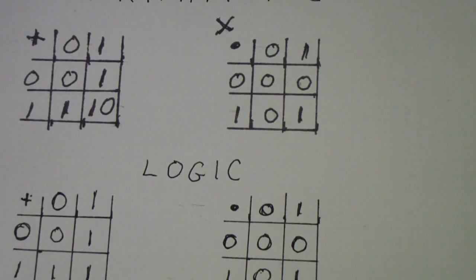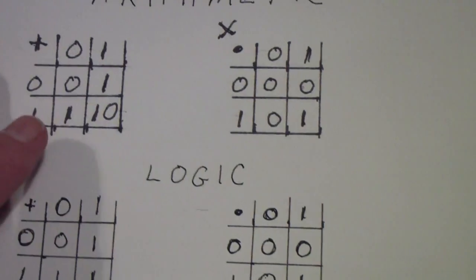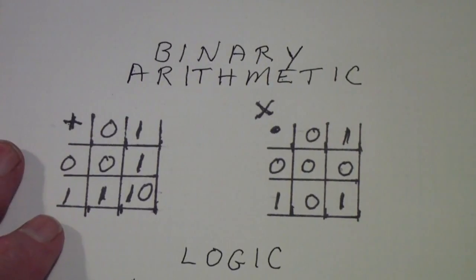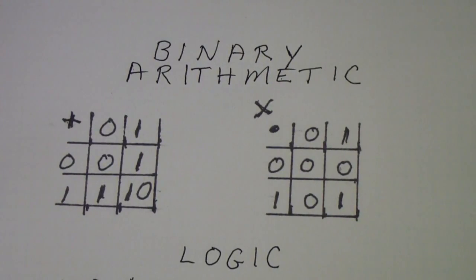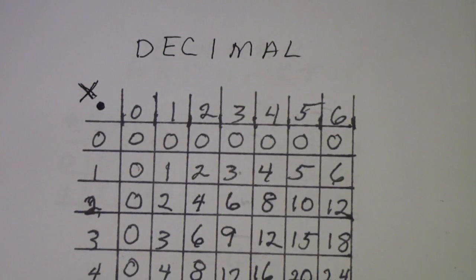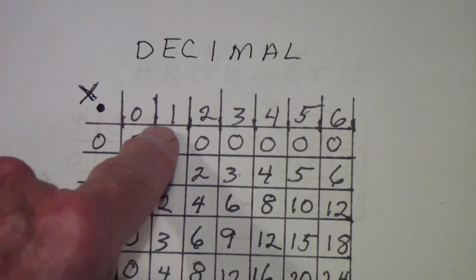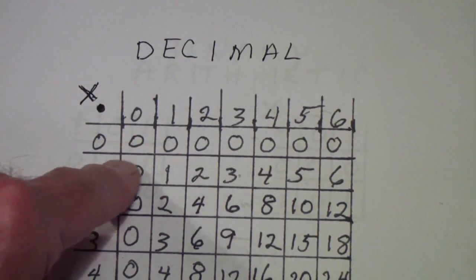That may all sound simplistic, but in binary arithmetic, that is, in arithmetic in which the only symbols you have are zeros and ones, what you are doing is restricting yourself to this part of the table.